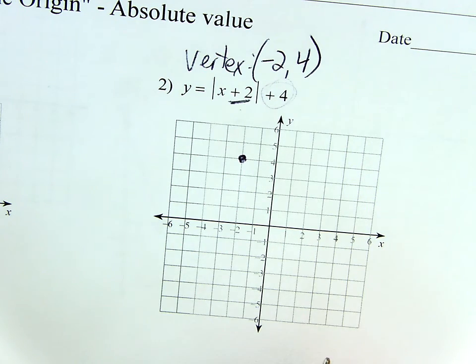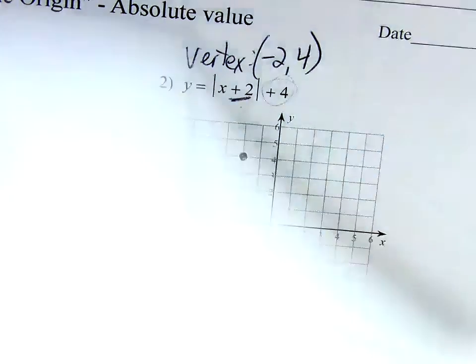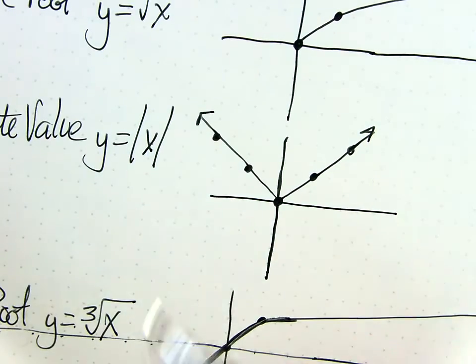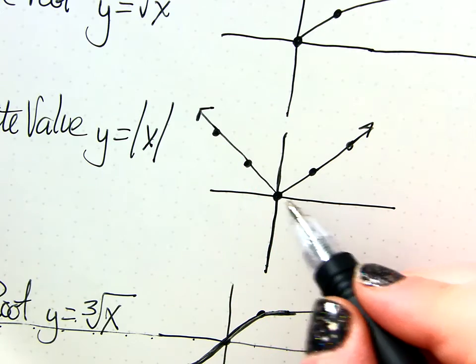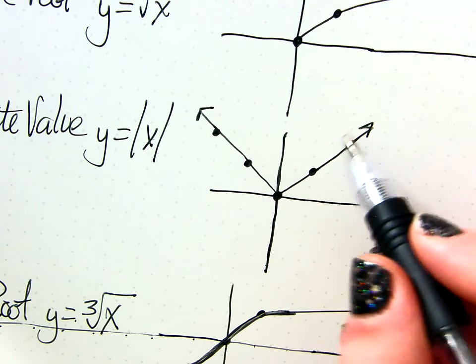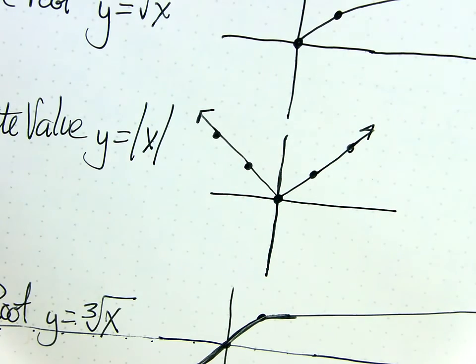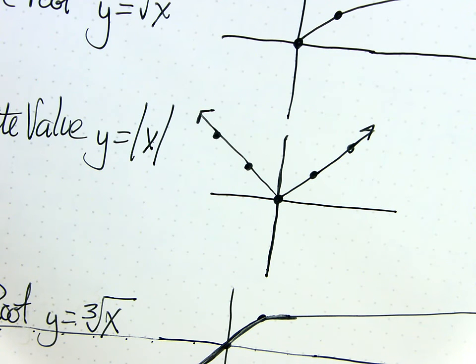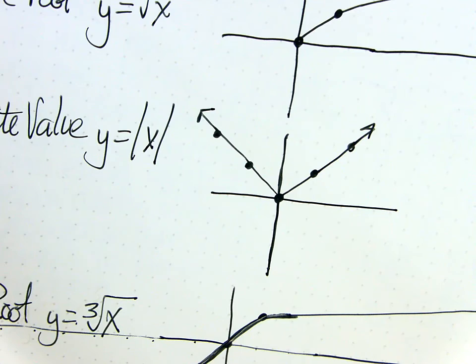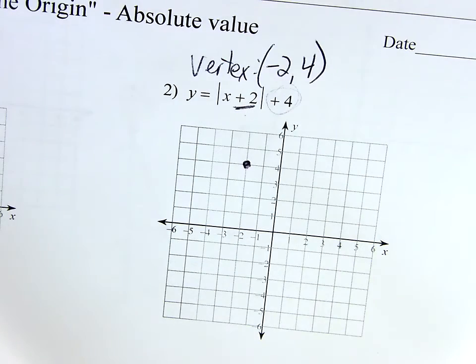Okay, and now this is an absolute value graph. So if you remember what the parent function looked like, here it is. And to get the other dots, you just go up 1 over 1 all the time. So it's not the 1, 3, 5 like it was with the quadratics. It's always just up 1 over 1. So that's all I have to do.